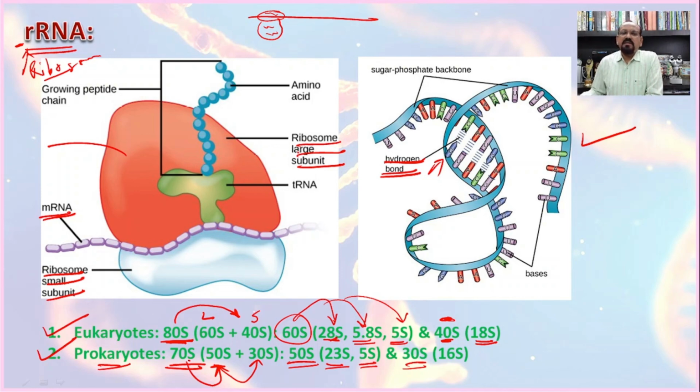These rRNAs usually help the mRNA, ribosome and tRNA to bind together during protein synthesis.